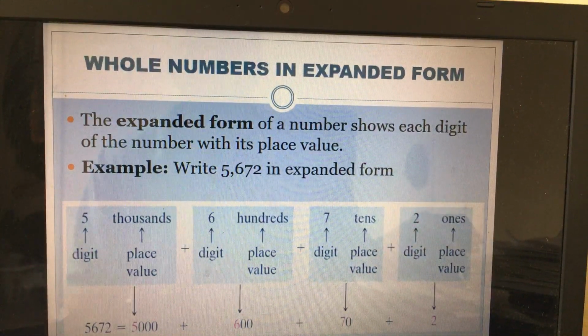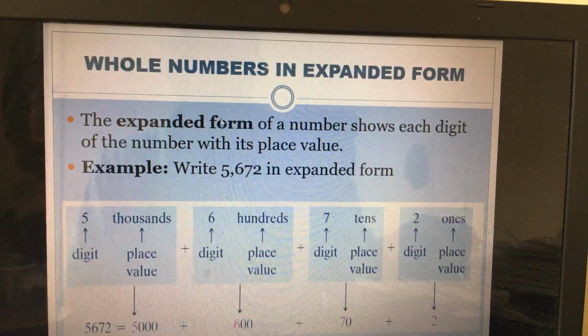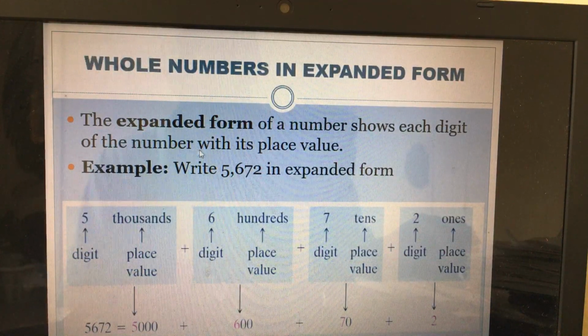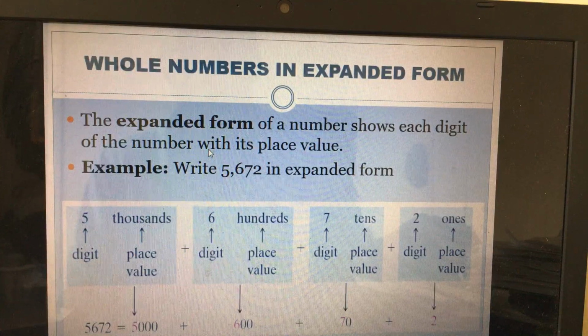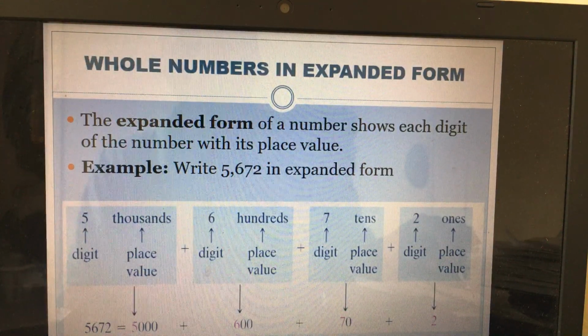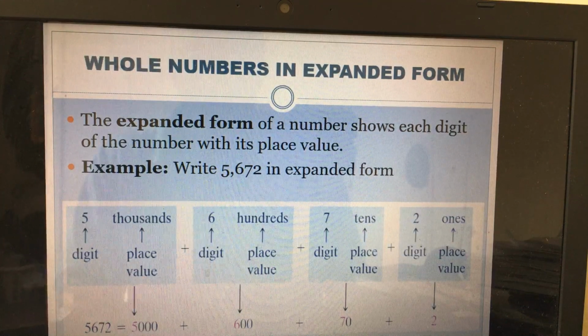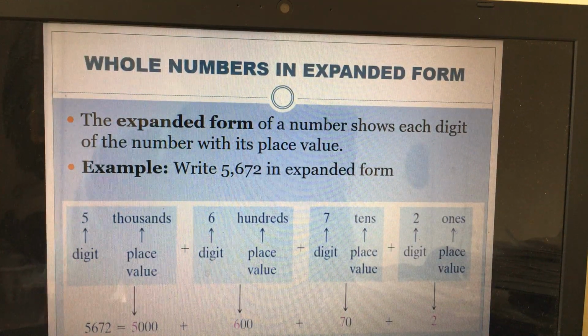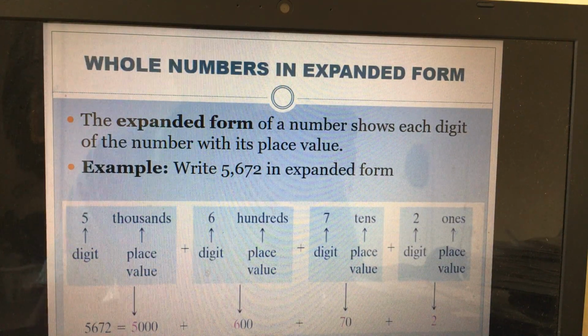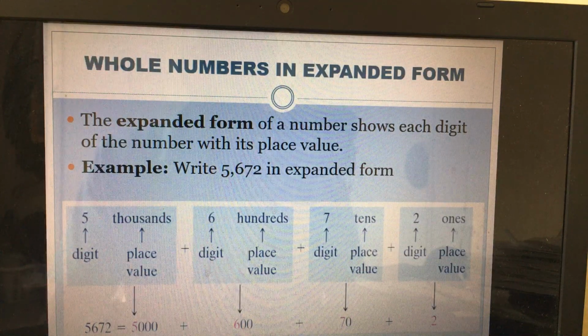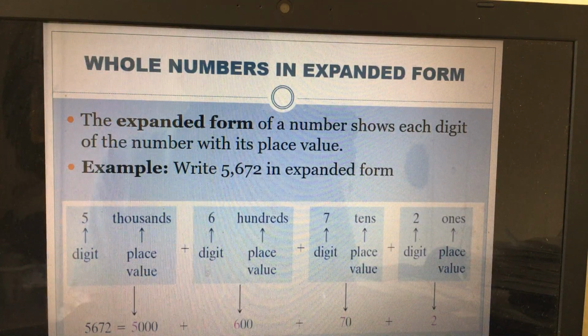So the rule here is simple. Now write the numbers, that is each digit with its place value. That is the rule. If you're asked to write a number in expanded form, you write each digit of the number with its place value.